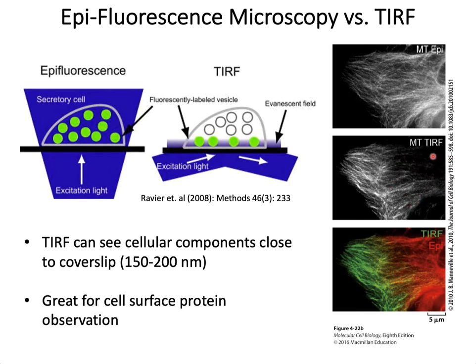The structures below the evanescent field are excluded, and that's why the right side of the middle inset is darker. The right bottom inset was created by merging two falsely colored images, the epi in red and the TIRF in green, to highlight the microtubules that are close to the cover slip, the green, and how the red distant microtubules were excluded in the TIRF image in the middle inset.